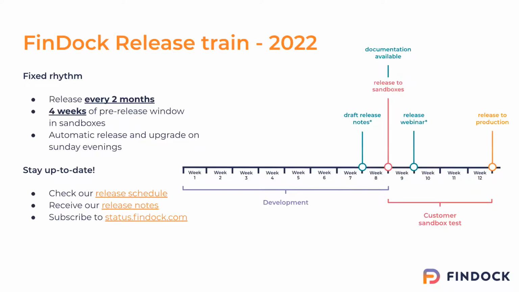And we'd like to propose for starting next year a change to that. What we'd like to do is, instead of releasing monthly, we'd like to move to a release schedule where we release every 2 months. And then instead of having a 2-week period in your sandboxes, we'd like to move to a 4-week pre-release window in sandboxes, giving you more time to work on this.